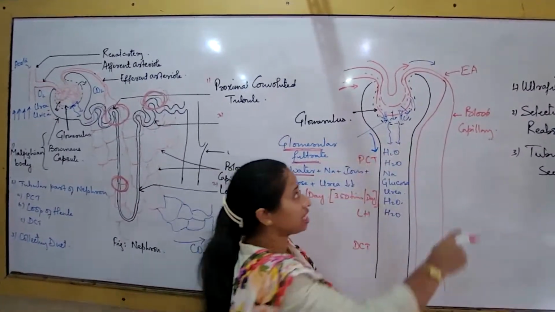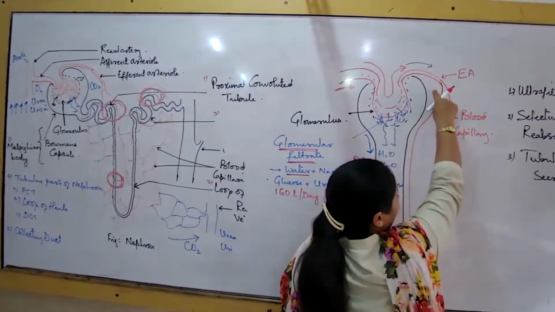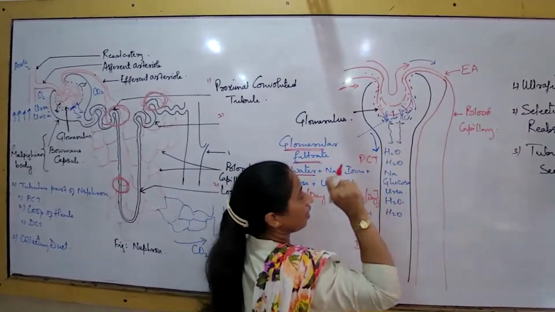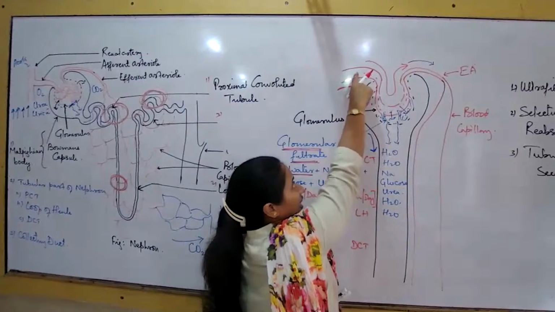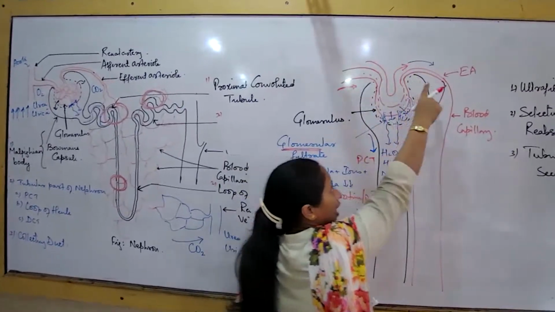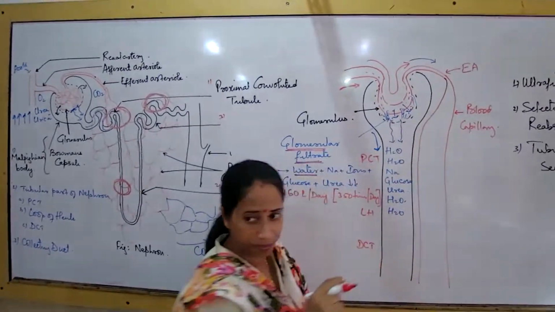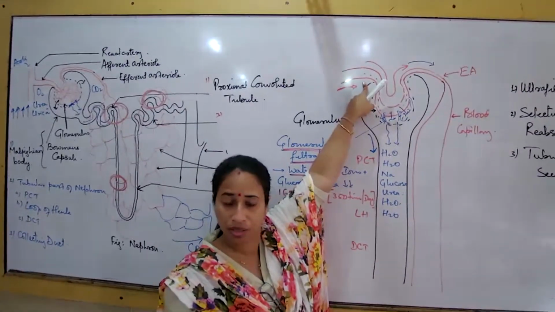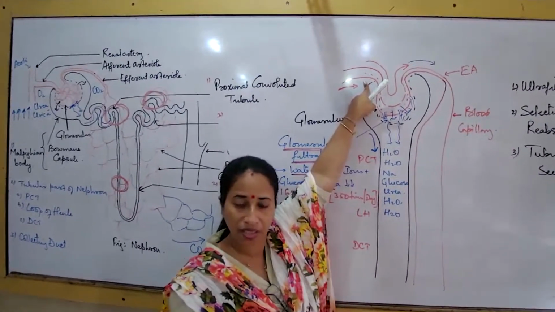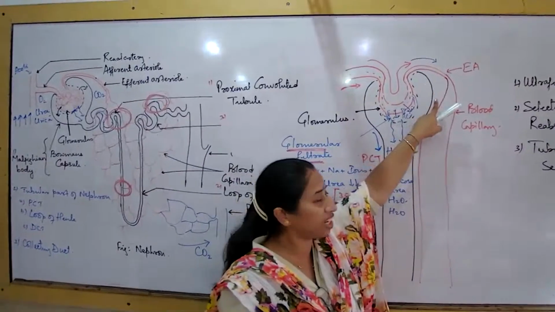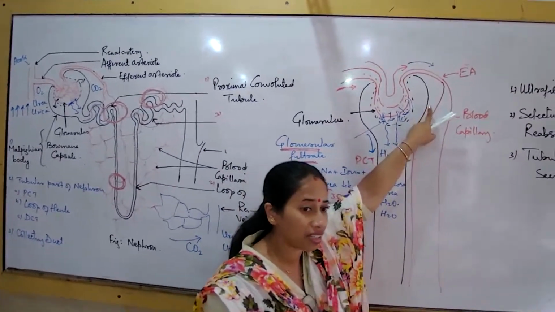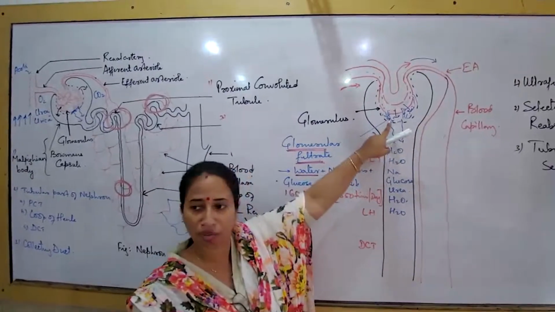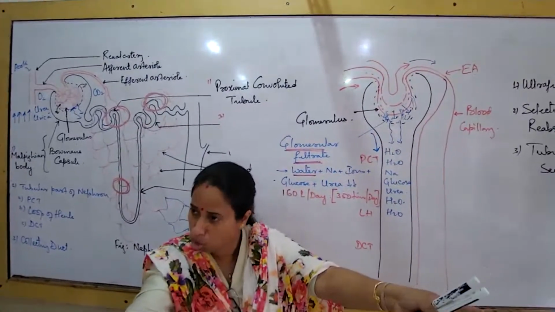The substances that did not come out will all remain here in the blood, yes or no? So if I compare, the blood here is more dilute and the blood here is thick. Is that correct? The blood in the efferent arteriole is thick. Right? Why? Because as a result of ultrafiltration, it has already given away so much water.